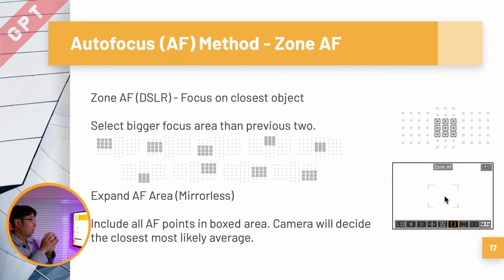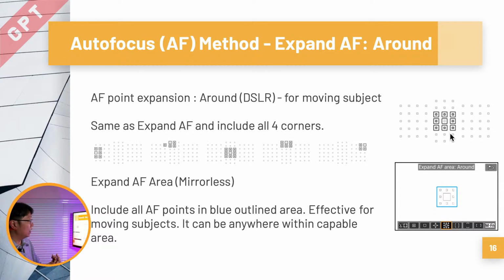It looks very similar to the other one, but the thing is, Zone AF usually focuses on the closer subject within this 9-box area. The one before is called the round one.